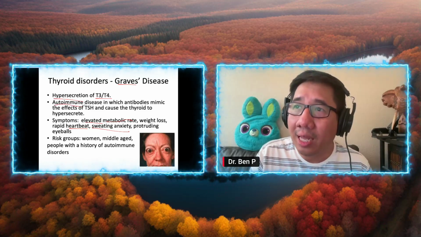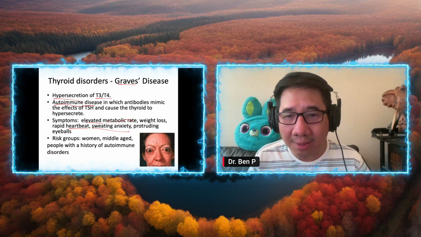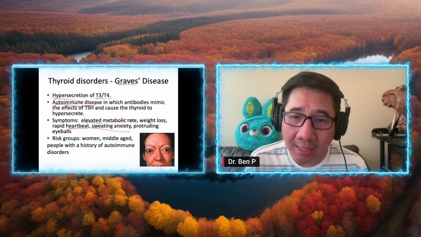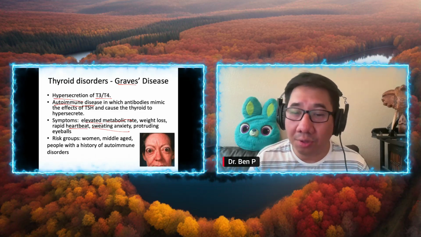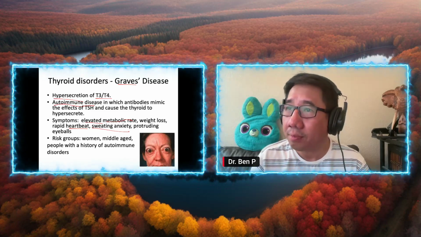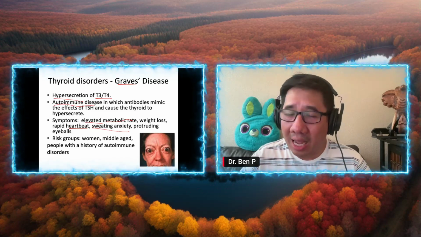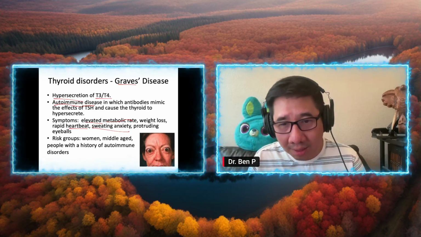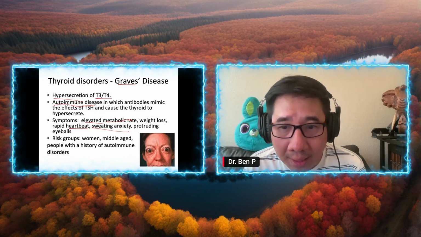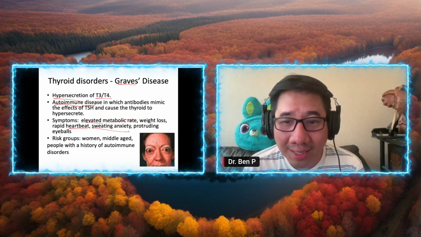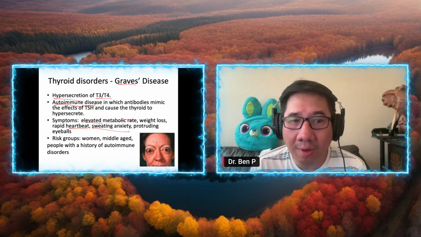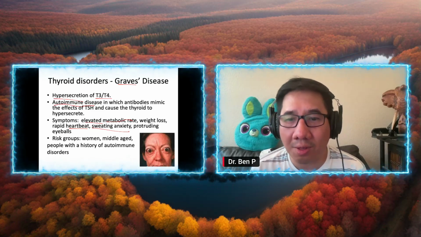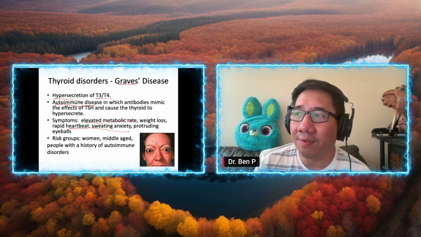That means your immune system starts attacking your thyroid, which causes your thyroid to produce more T3, T4. So everything is going to rise: your heart rate goes up, your blood pressure goes up. You're going to eat more, you're going to poop more, but you're going to go really thin because you're burning off everything in your body.